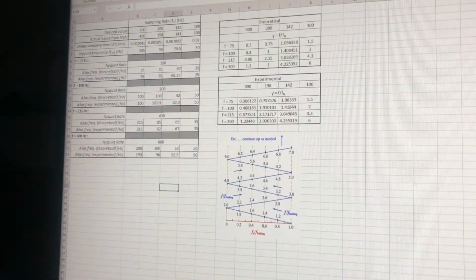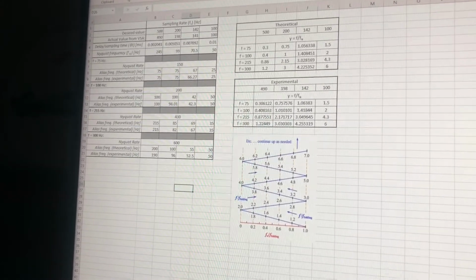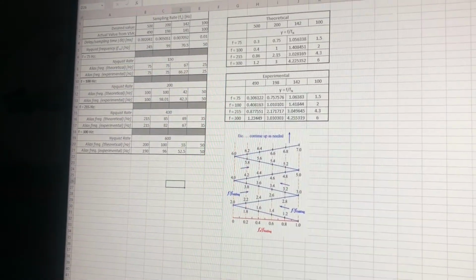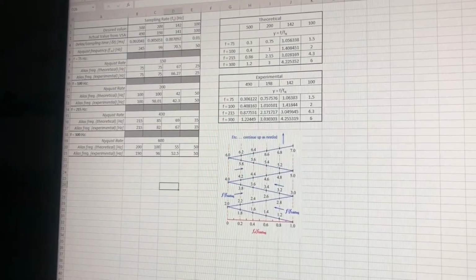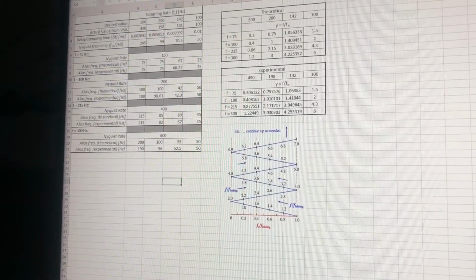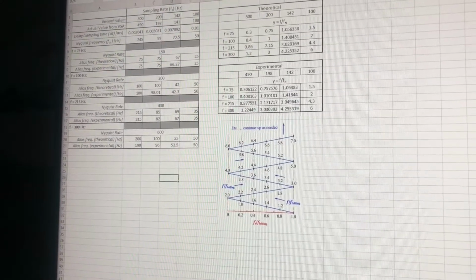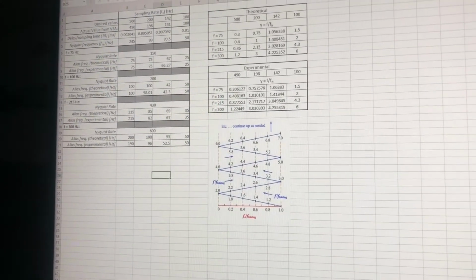I created this spreadsheet for my calculations of the alias frequencies, both theoretical and experimental, for each given frequency of 75 hertz, 100 hertz, 215, and 300 hertz.